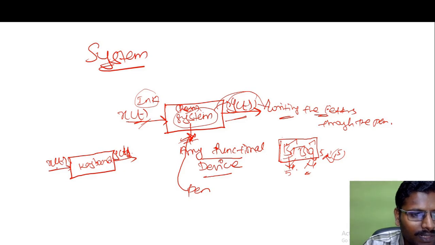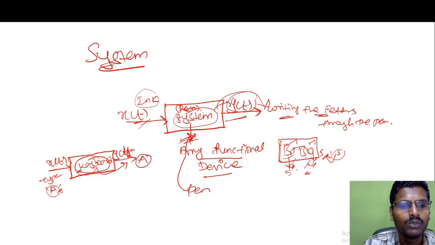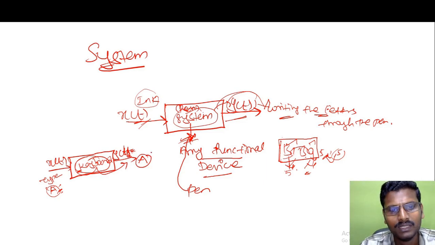Here I am typing a letter A. This is the input for the keyboard, and the keyboard will recognize the letter which I pressed on the keyboard, right? Then it will process the output on the monitor screen as A, and this is my y of t, right? This is the best example for systems.